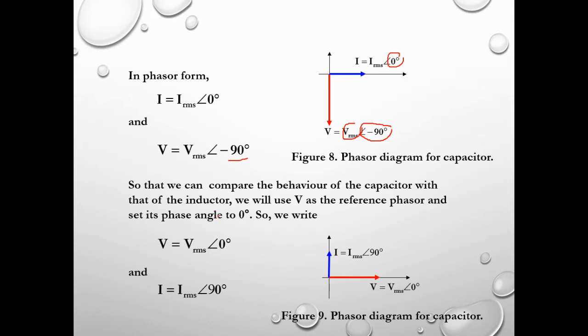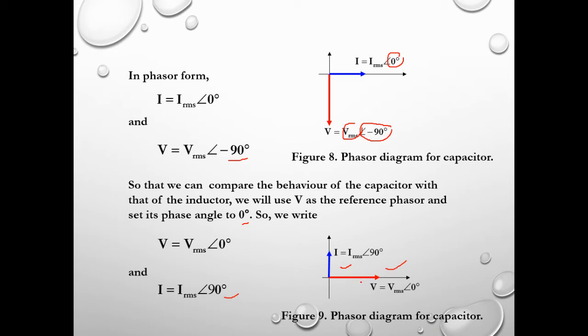So now we are comparing the linear capacitor and the linear inductor. We will use V as the reference phasor and set its phase angle to 0. So we write V equal to V RMS at angle 0, and I equal to I RMS at angle 90. This is the phasor diagram for the capacitor.